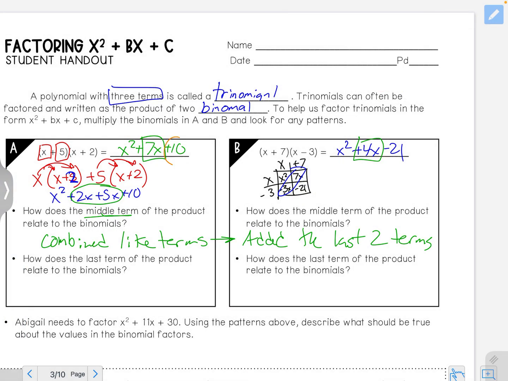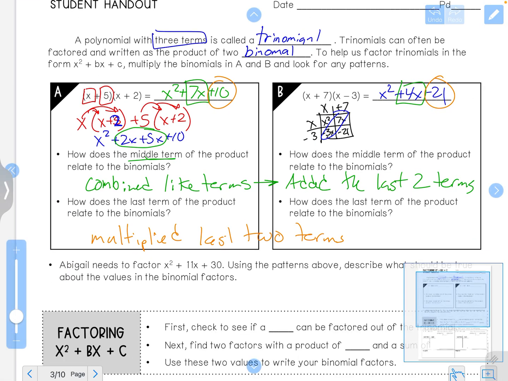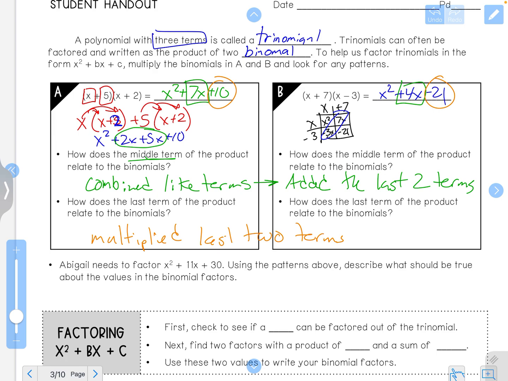So to get the last number, to get the 10 and the negative 21, we multiplied the last 2 terms. So this is a pattern that we can use to factor our trinomials going forward.